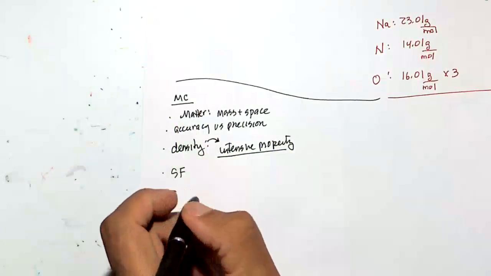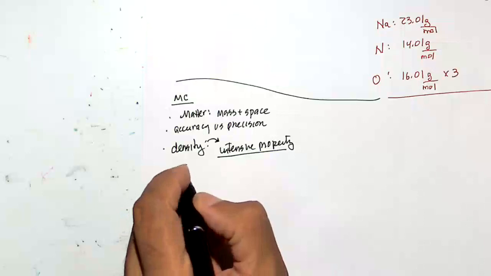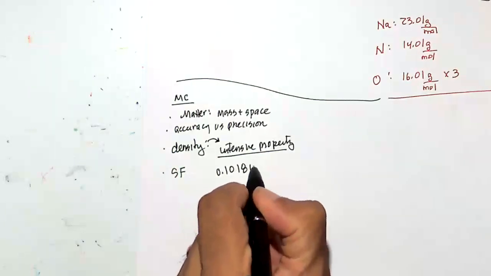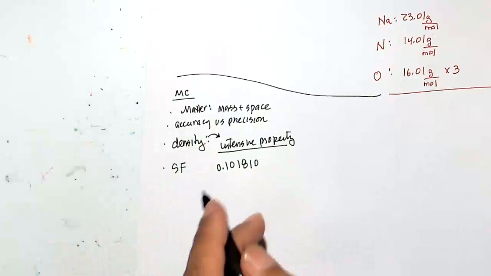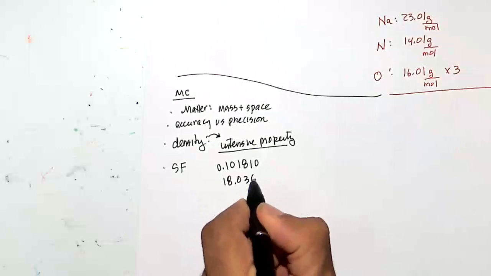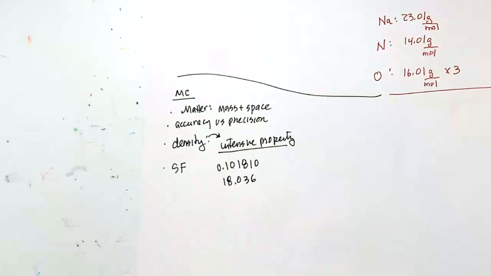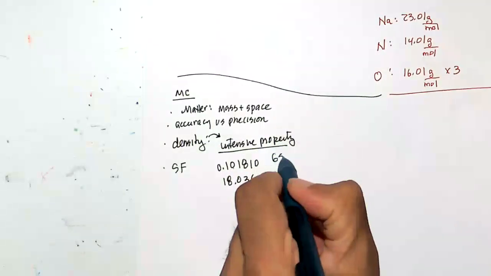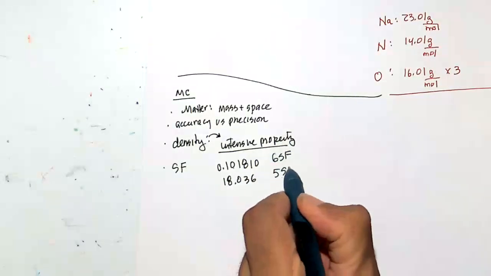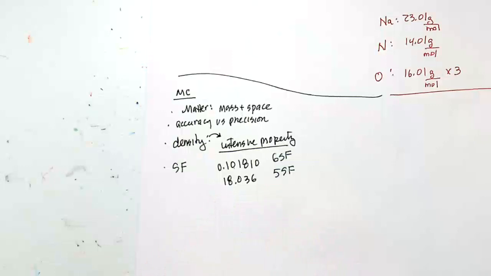And then sig figs. Are we good with our sig figs? How many sig figs would be in this number? You're right, that would be 6 sig figs. How about this one here? 5 sig figs.